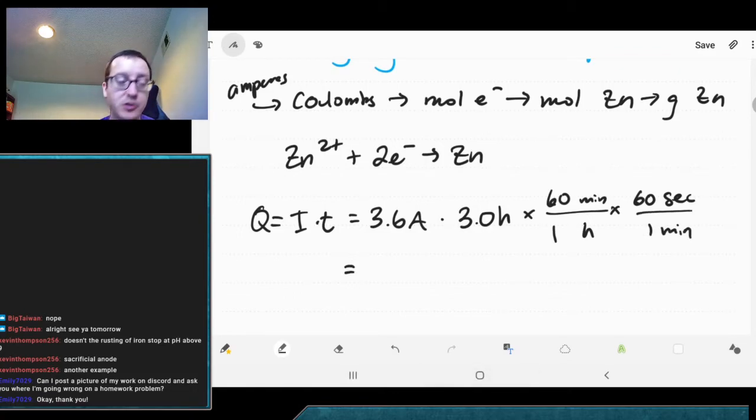Doing this, we get a total charge of, oh gosh, I have to actually calculate. I thought I had a calculator here. Oh, back to Google. Alrighty, 3.6 times 3 times 3600. Okay, so we have 38,880 coulombs.